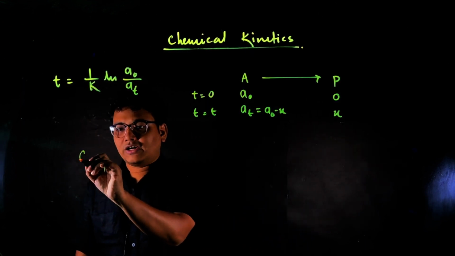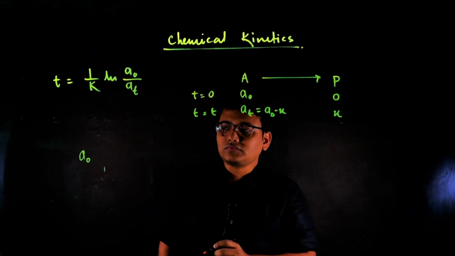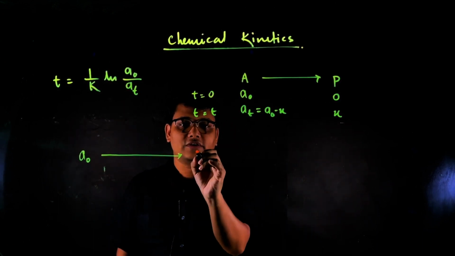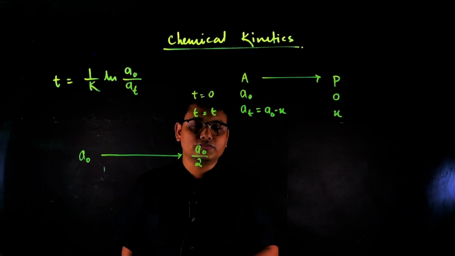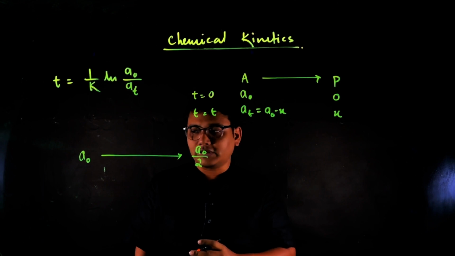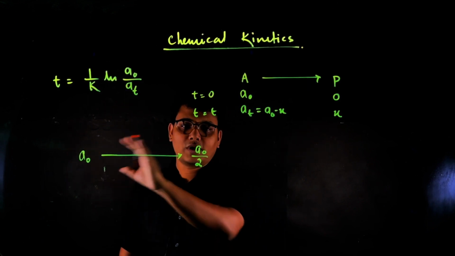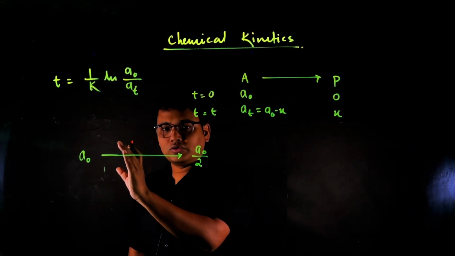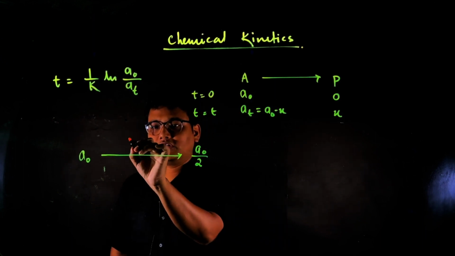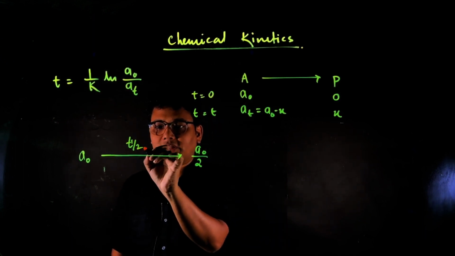We have started from A0. When the concentration of A0 becomes A0 by 2, then we say that half of the reaction is completed, and the time required to change the concentration from A0 to A0 by 2 is called t half, the half-life of the reaction.